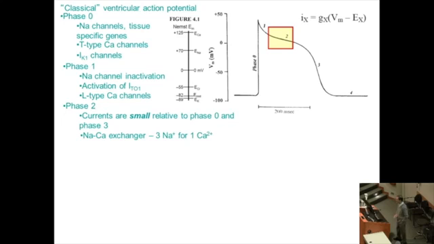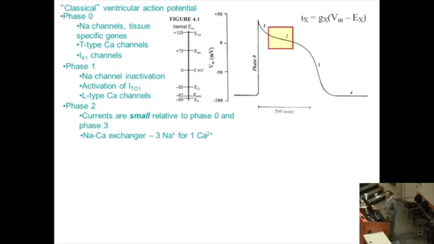The sodium-calcium exchanger is active during this phase. You will note that release is going on. You're bringing in calcium through the L-type calcium channel. The calcium's going up, and the sodium-calcium exchanger is beginning to transport that calcium back out of the cell. When you take one calcium out and you bring 3 sodiums in, every time that transporter turns over, you're bringing in an extra charge.